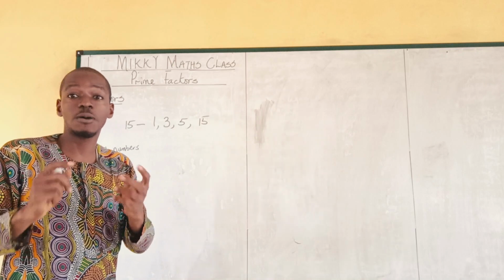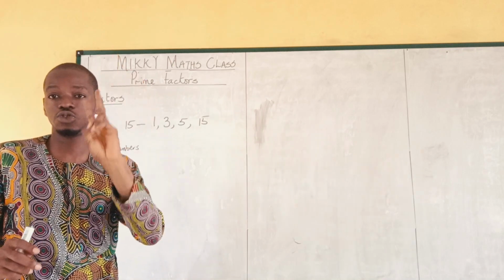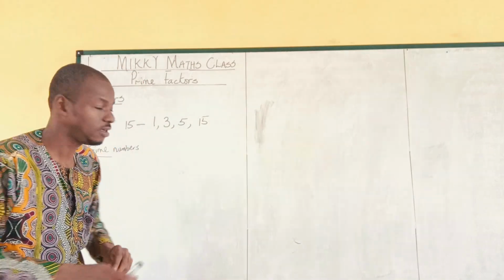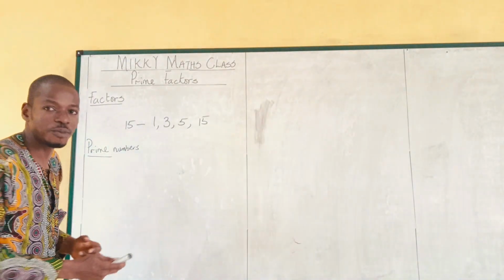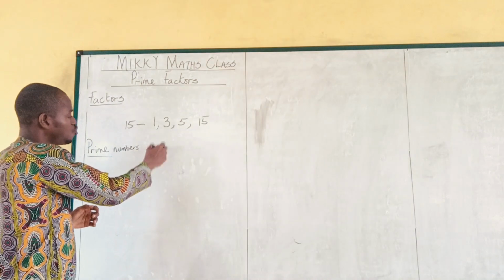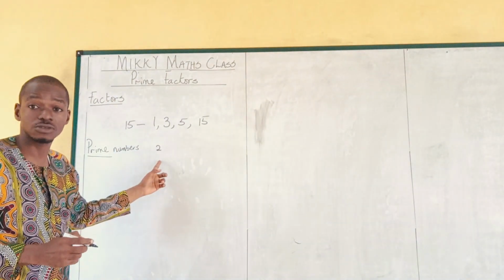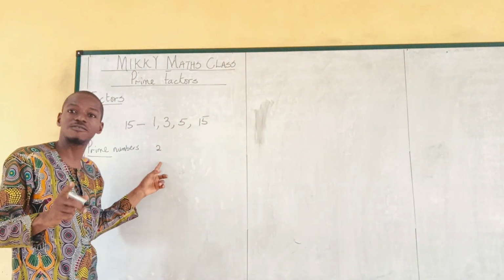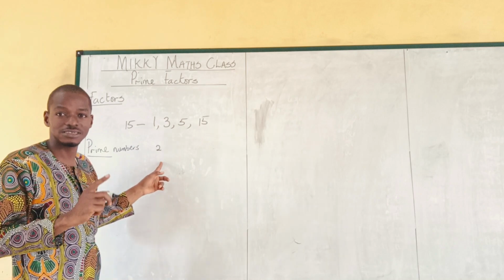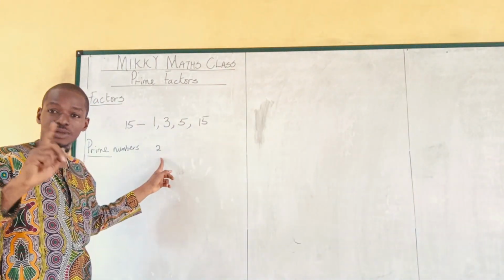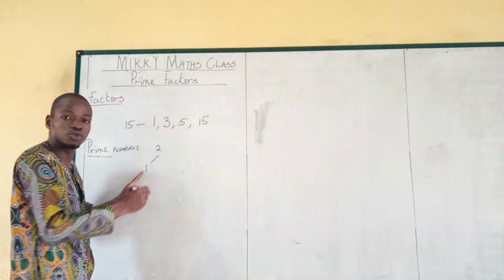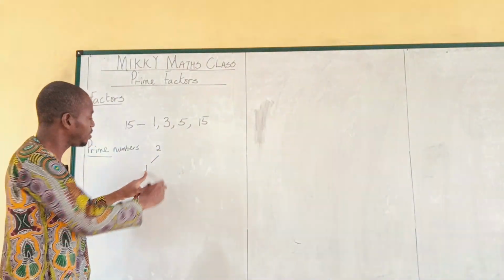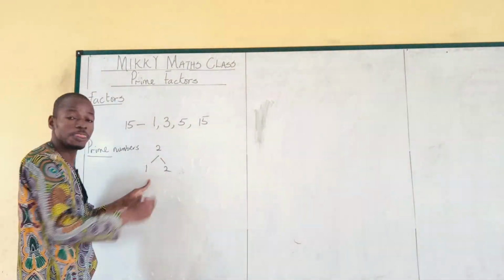Prime numbers are numbers that have just 2 factors, itself and 1. Example of prime numbers, you have 2. 2 has 2 factors. Remember what we said earlier about factors? Numbers that can divide another number exactly without leaving a remainder. The 2 factors of 2 are 1, because 1 is a factor of every number, and itself, 2.